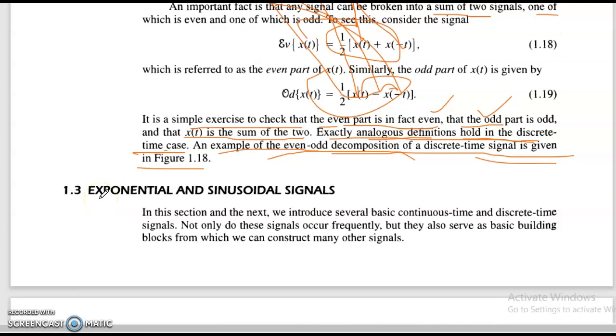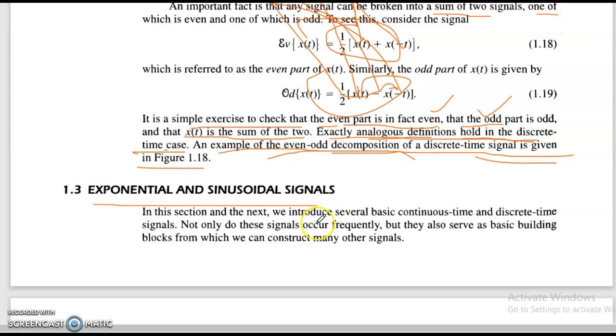Exponential and sinusoidal signals. In this section and the next, we introduce several basic continuous time and discrete time signals.